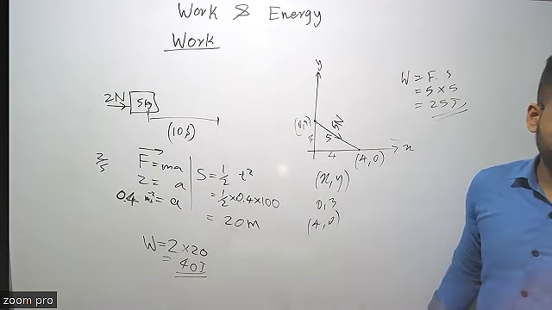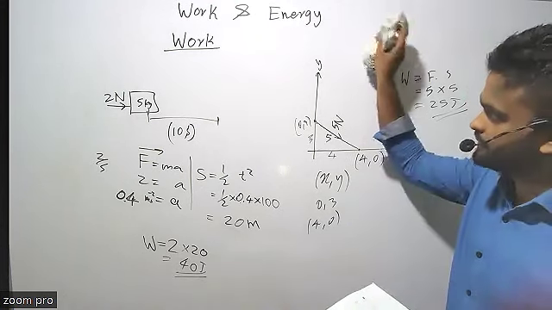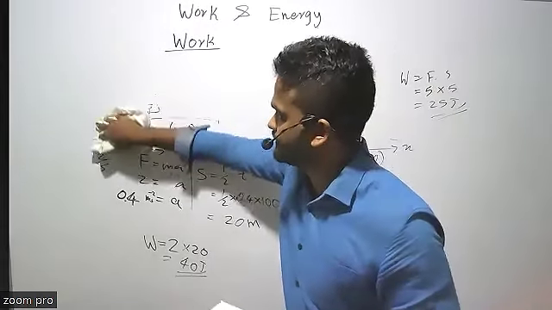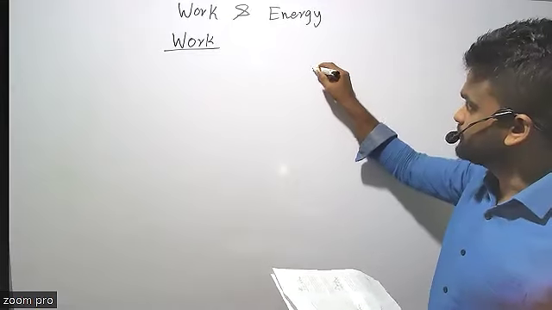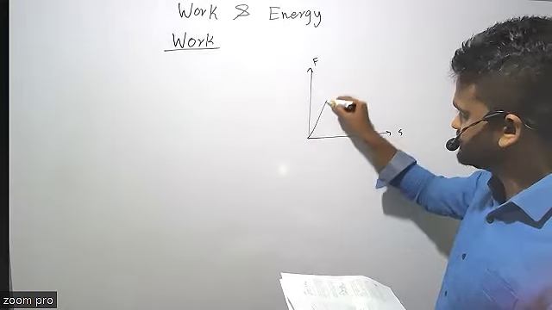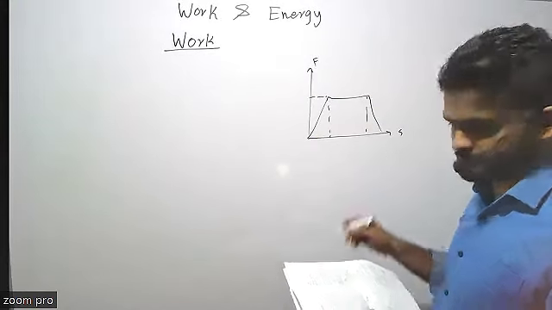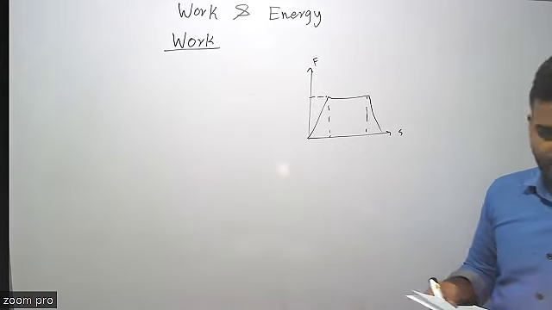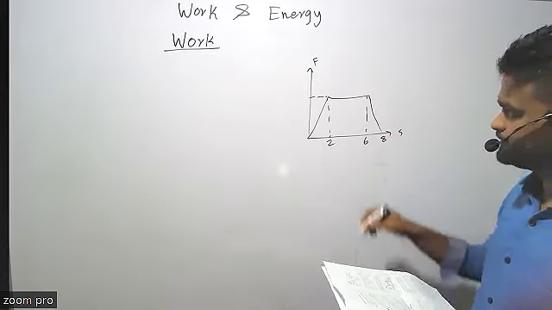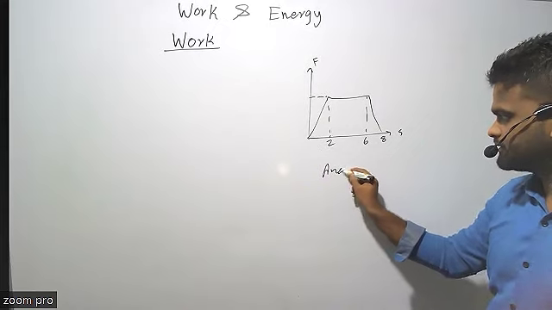You are given a graph. You just have to find the area of the graph, and that is going to be work. When you have an F-S graph, the area gives us the work. So it's a trapezium, 2, 6, 8. So area is what?